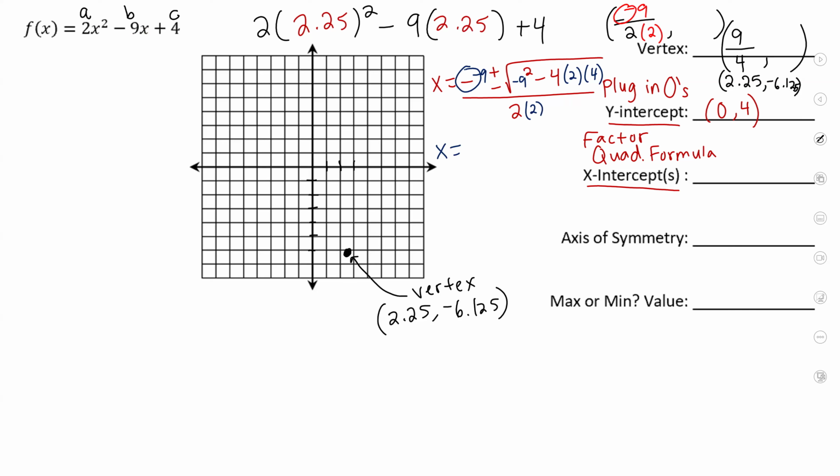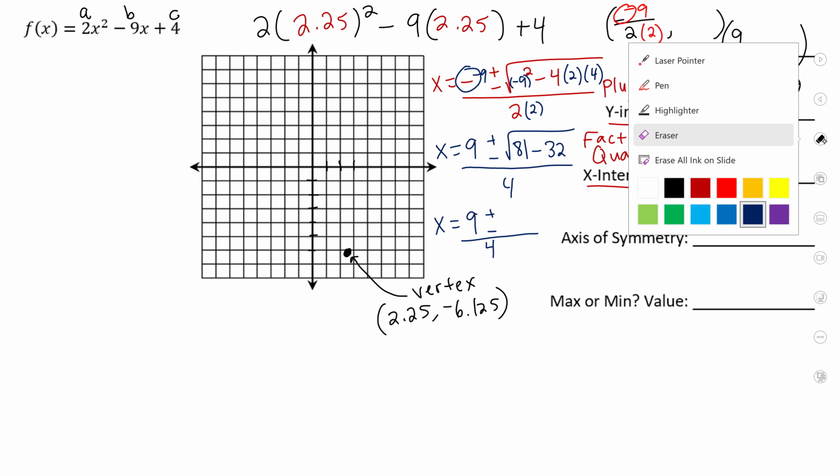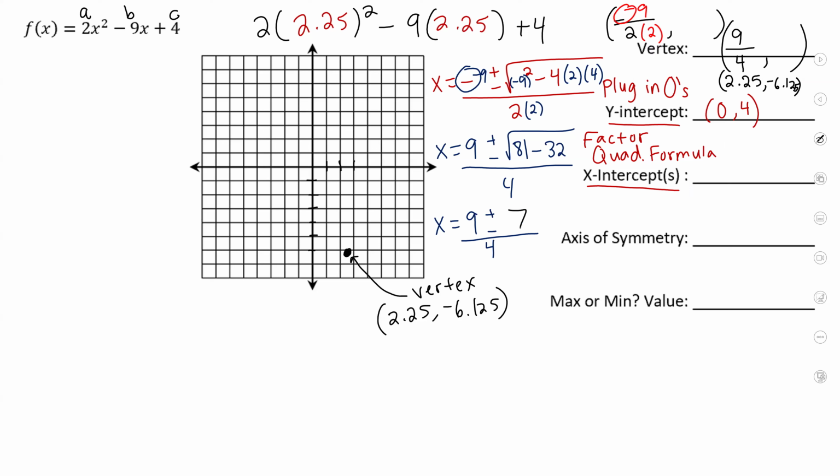These 2 negatives make a positive. -9 squared is 81 minus 4 times 2 is 8 times 4 is 32 all over 4. Okay, what's 81 minus 32? Good, 49. So this becomes the square root of 49. Guys, do you know what the square root of 49 is? 7? Perfect. Let me just put a 7.